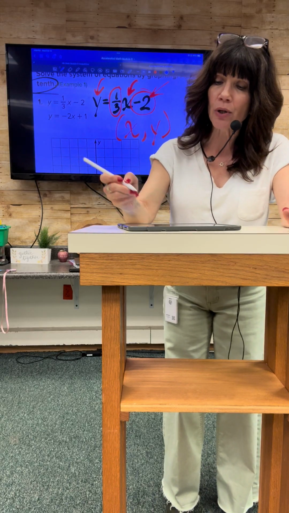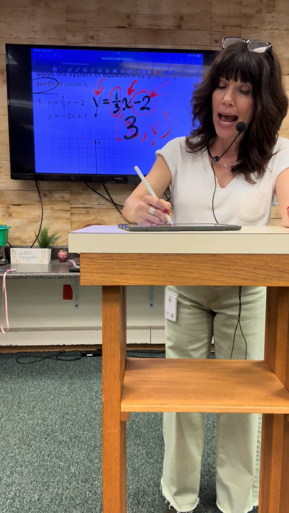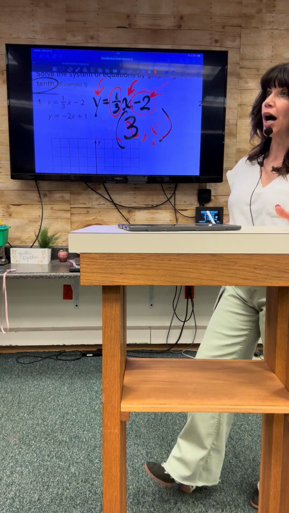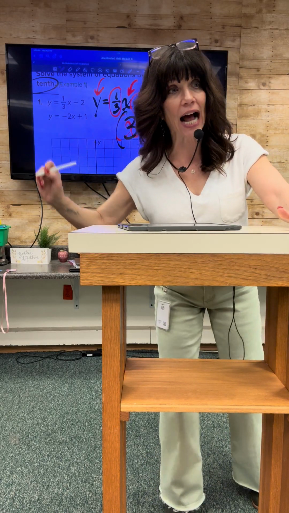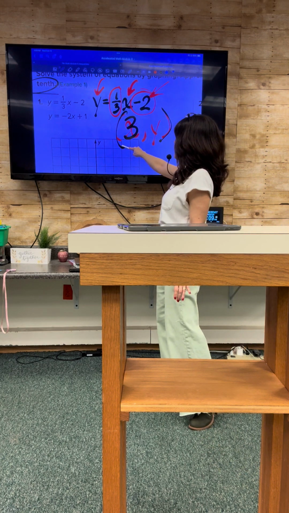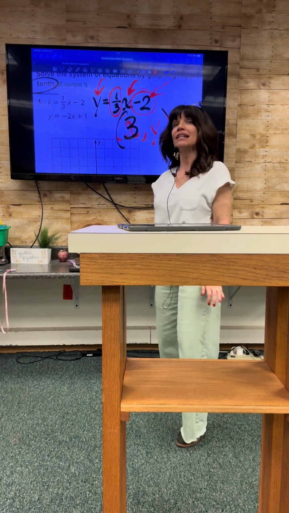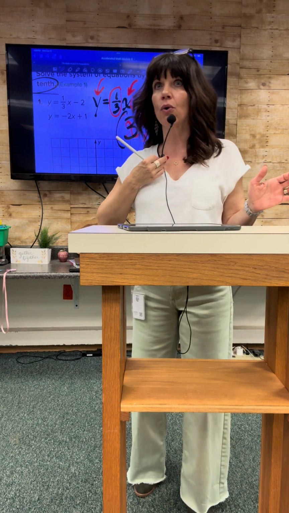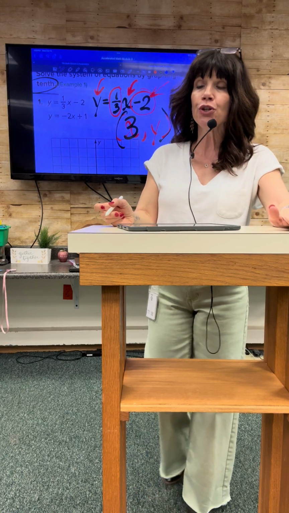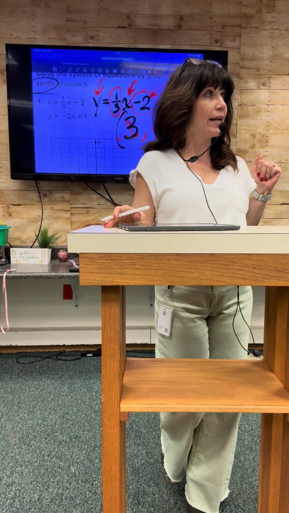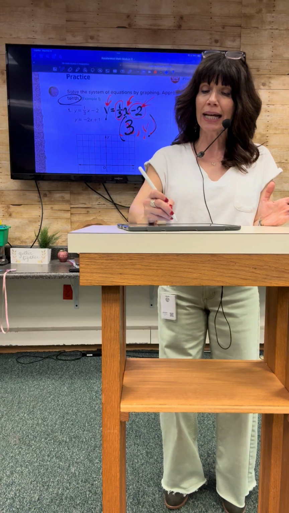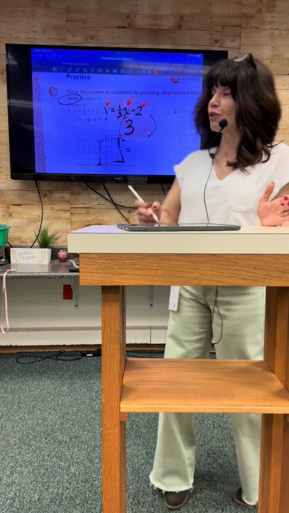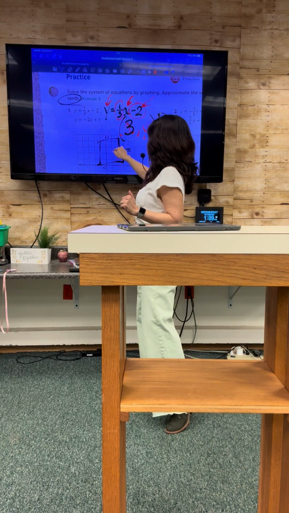Okay, so in place of x, class, what number shall we write? 3. So I am going to put a 3 here as the ordered pair that I am about to find the other piece of. So please, over to the side, go ahead and write your parentheses with a 3 as the first piece of your ordered pair. Then in a moment, you'll be using your online calculator to find this missing value of y.